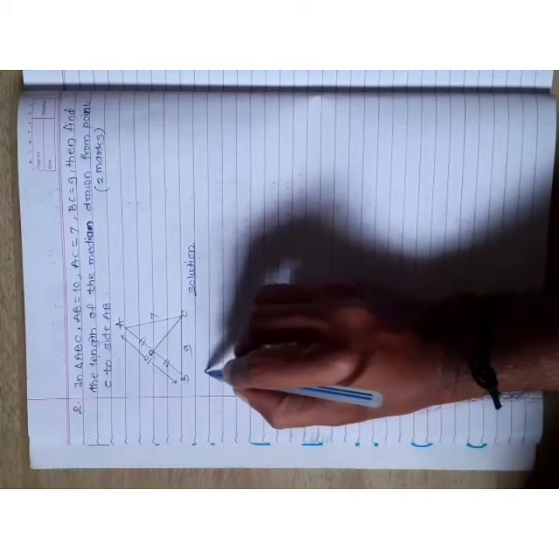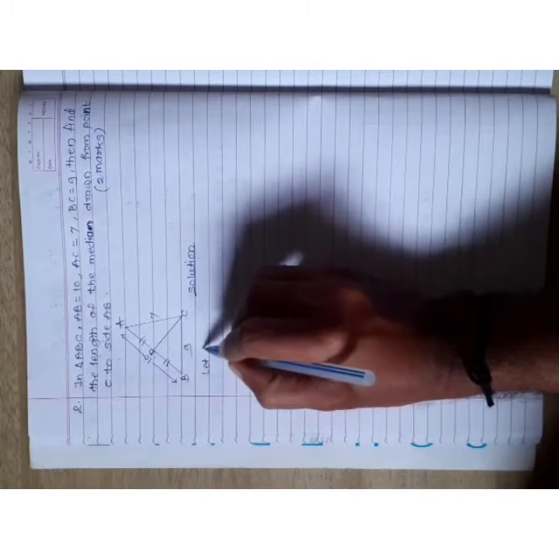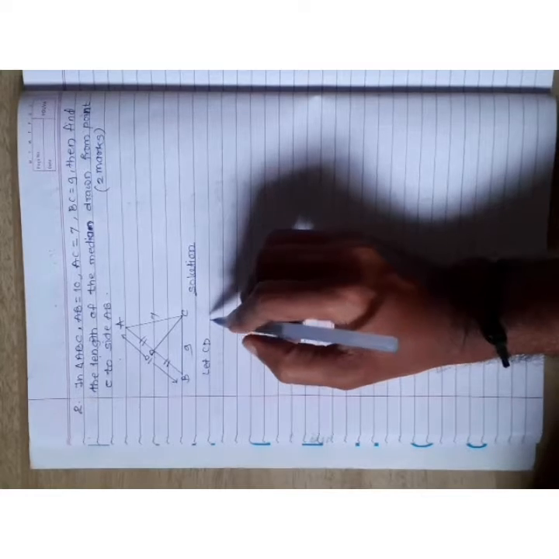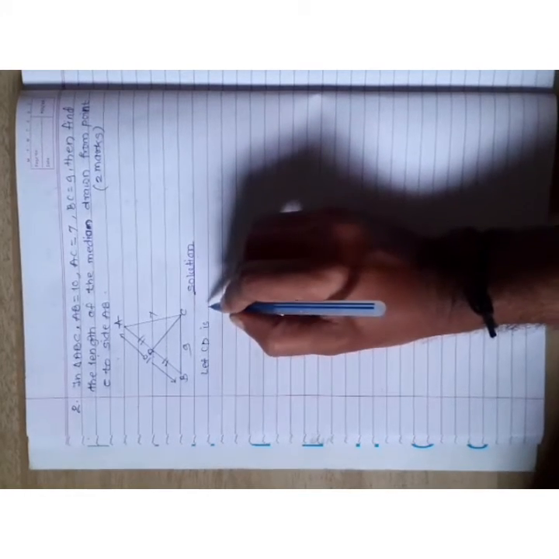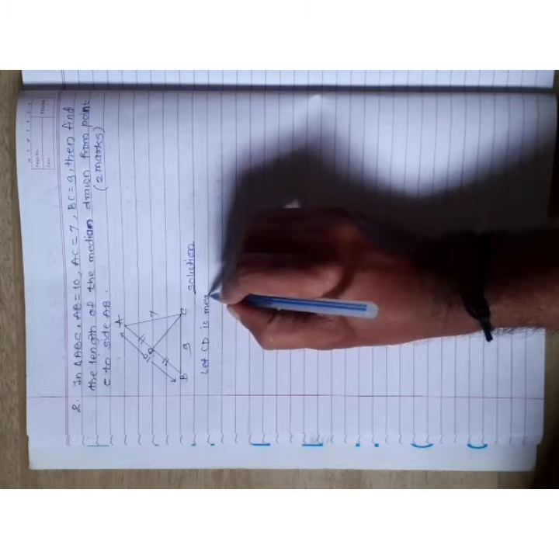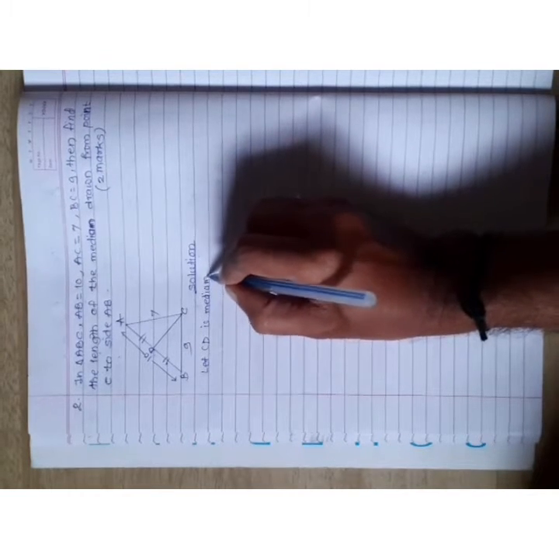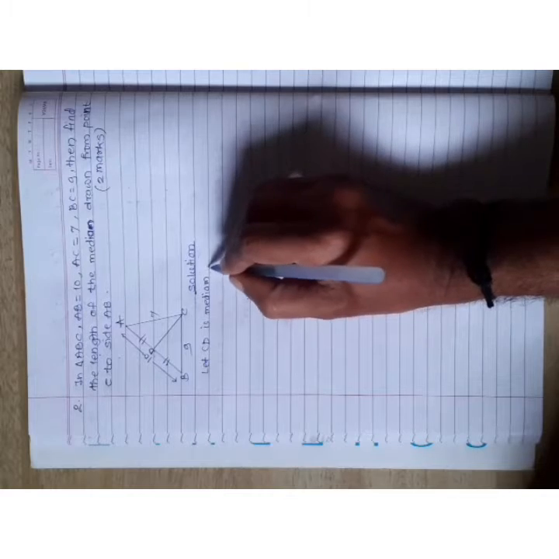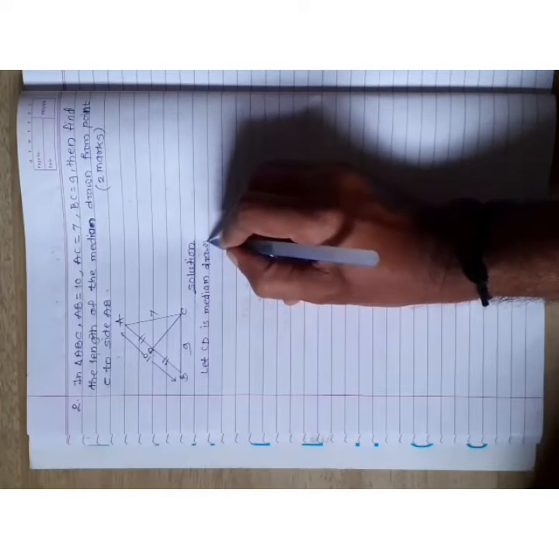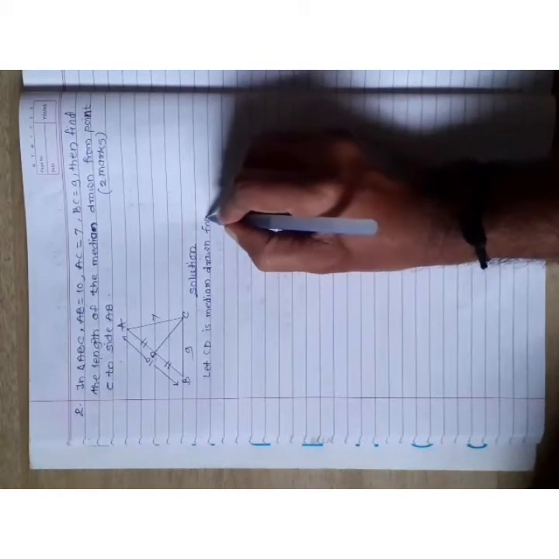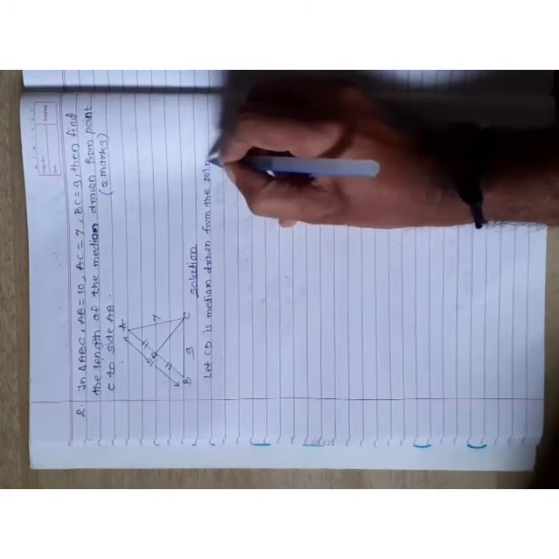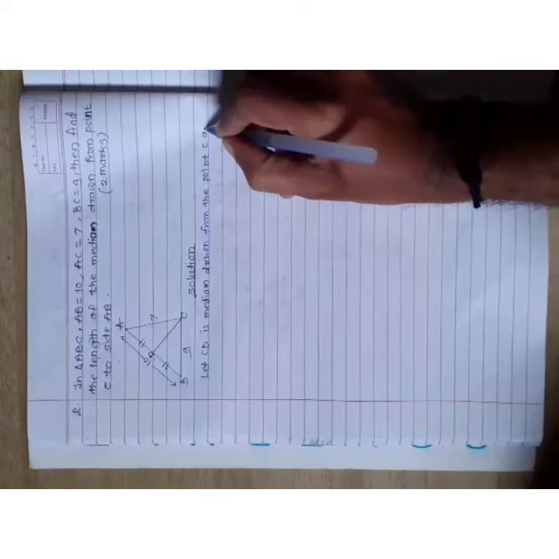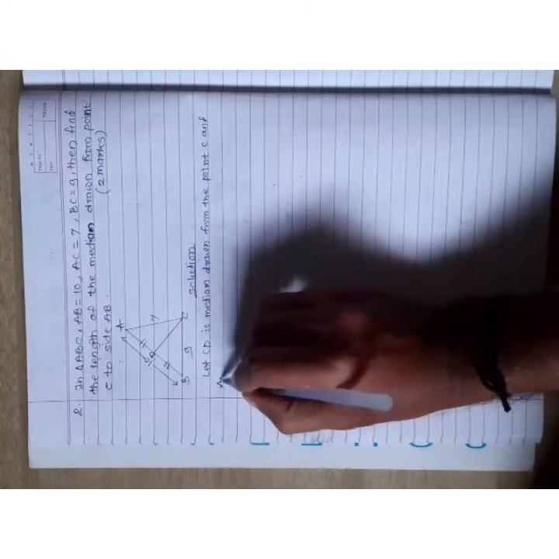Solution: let CD be the median drawn from the point C to AB.